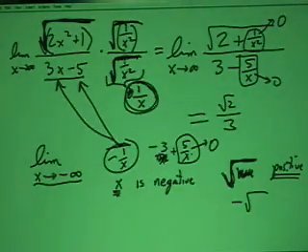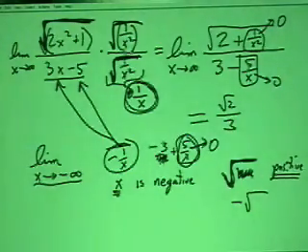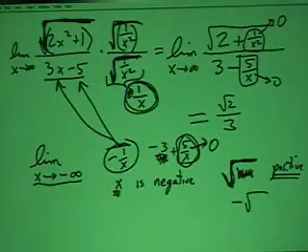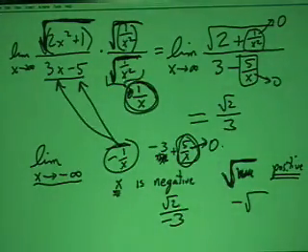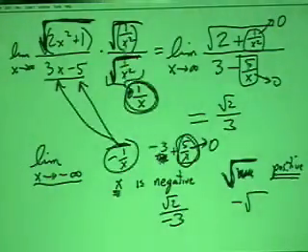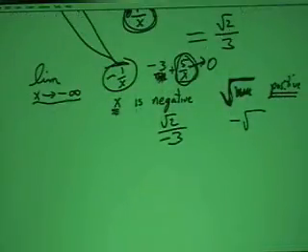The x's cancel. So as x gets large, 5 over x goes to 0, minus 3, nothing happens, and so the limit there will just be the square root of 2 over minus 3, or minus square root of 2 over 3. So what this is telling you is that as x goes to plus infinity, this is your limit, square root of 2 over 3. And as x goes to minus infinity, it's minus square root of 2 over 3.